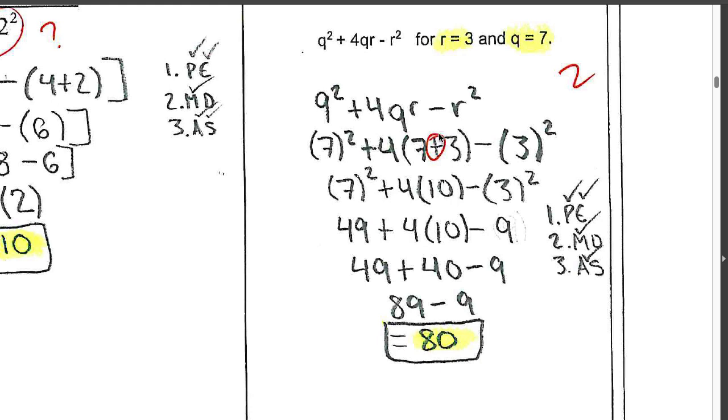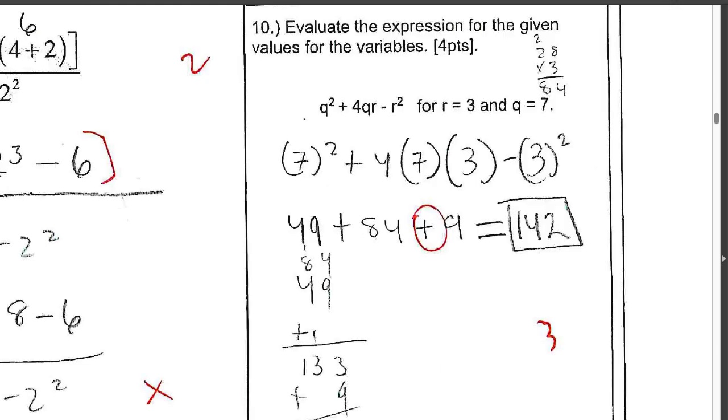They're thinking maybe the 3 is a positive, but remember, up here it's a positive 4 times Q times R. Remember, there's no math operation in between them that would do multiplication, so you should not have put in that plus sign. This student was probably thinking that this is negative 3 squared, which gives them the positive 9. Circle that because it's incorrect. It's 3 squared, then the opposite of that, order of operations.